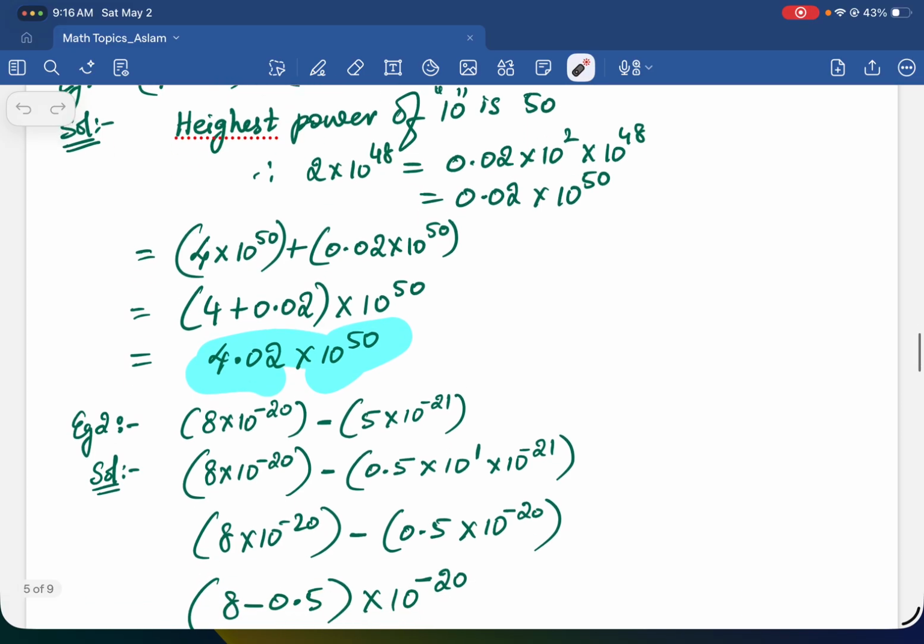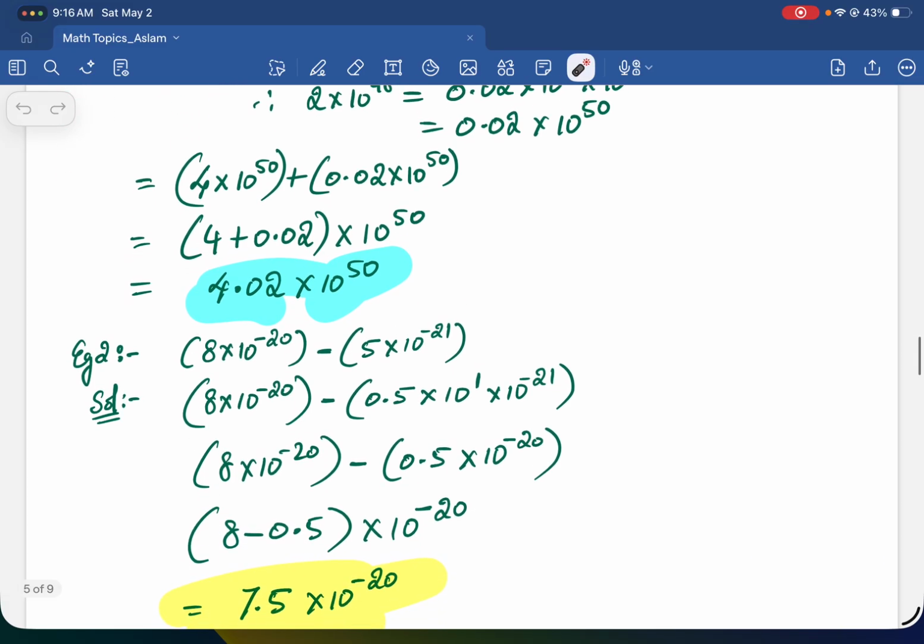Let's also explore how we do subtraction. Suppose for example you have 8 into 10 to the power of negative 20 minus 5 into 10 to the power of negative 21. So what we do is first we adjust the exponent. I want to adjust this as negative 20. So I rewrite this 5 as 0.5 times 10 to the power of 1, which is the same as 5.